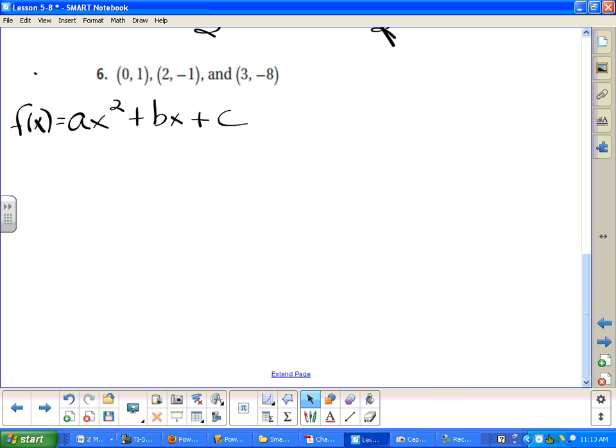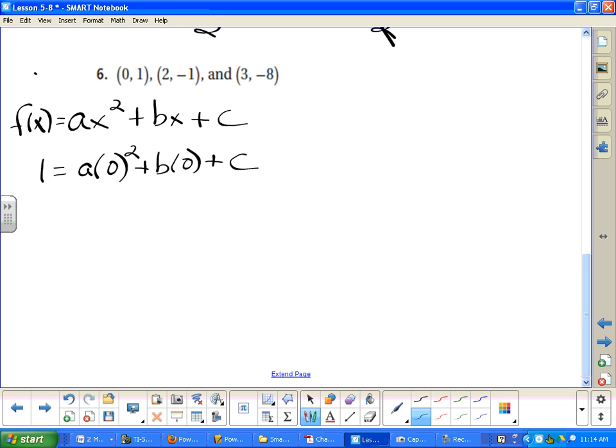So we take the first point, 0, 1. So we put 1 in for y and 0 in for x, and simplify it. So here we get 1 equals c.